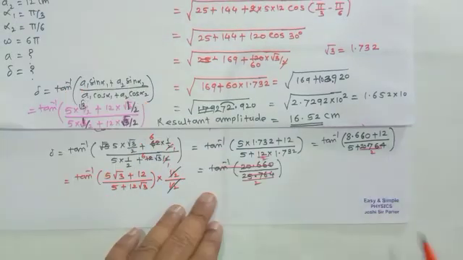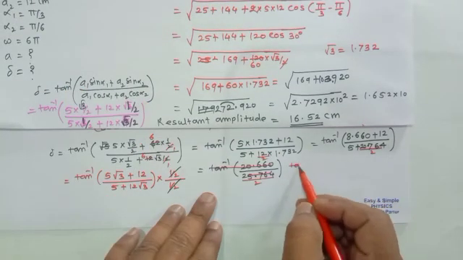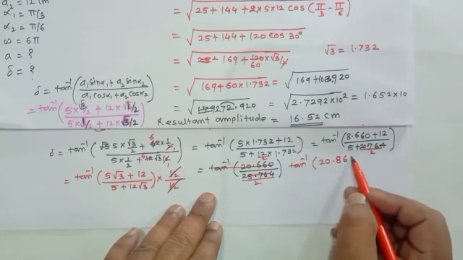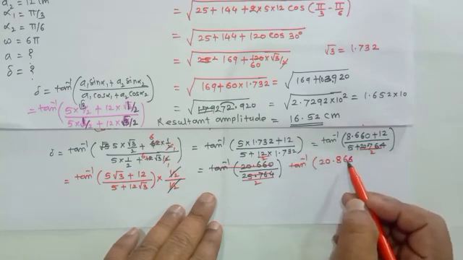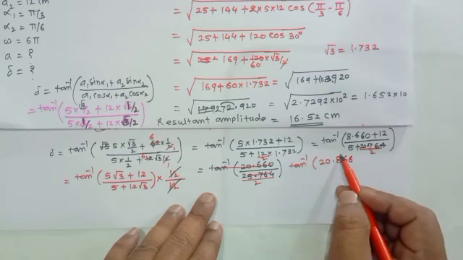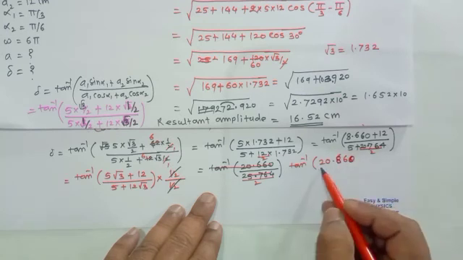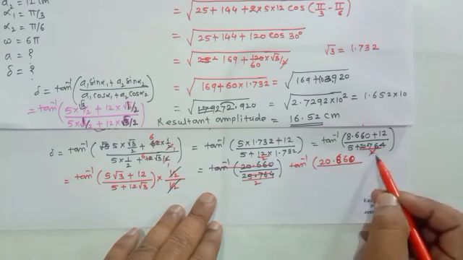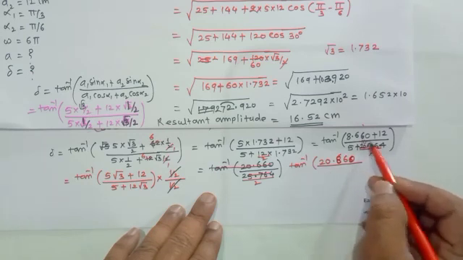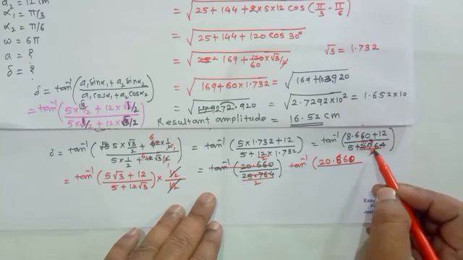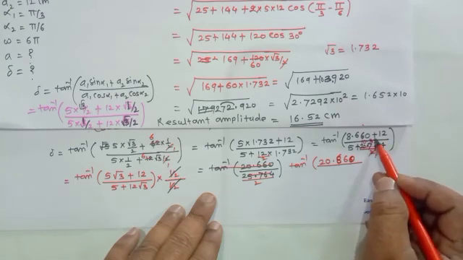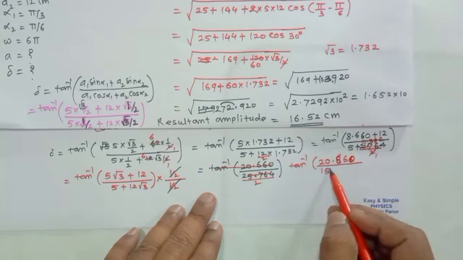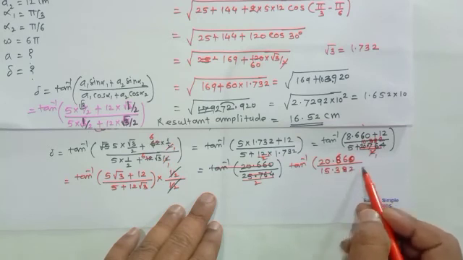So it is tan inverse 20.660 divided by 20.382.